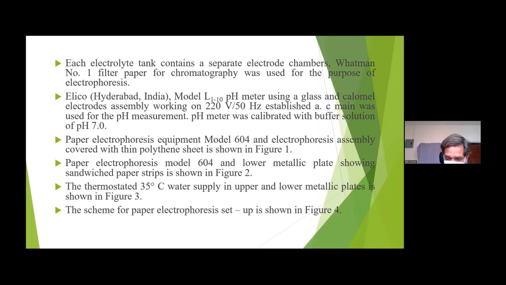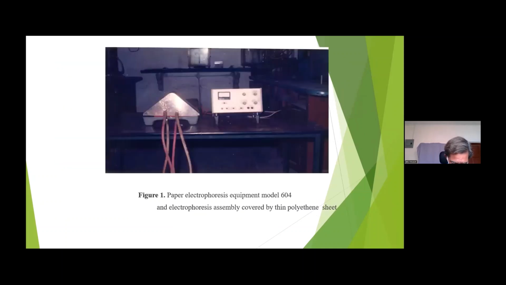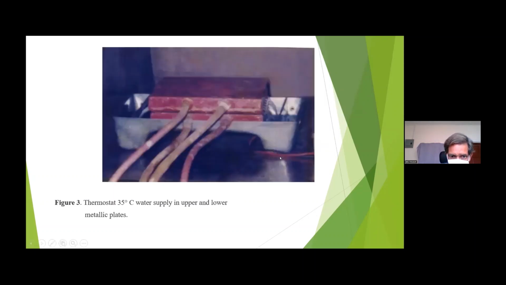Now, this figure shows the paper electrophoresis equipment model 604, with the electrophoresis assembly covered by thin polythene sheet. Figure 2 shows the water supply.